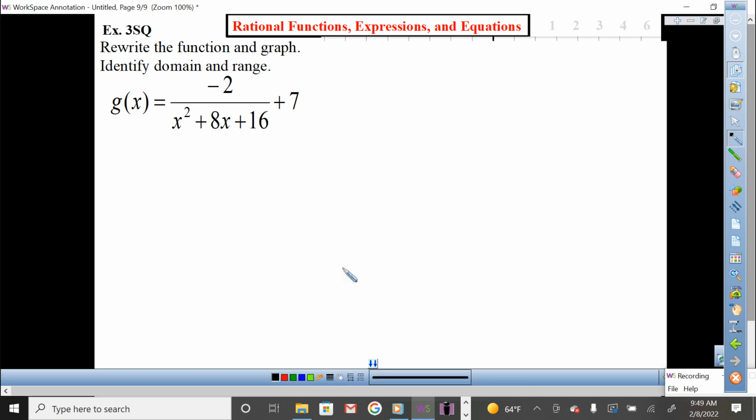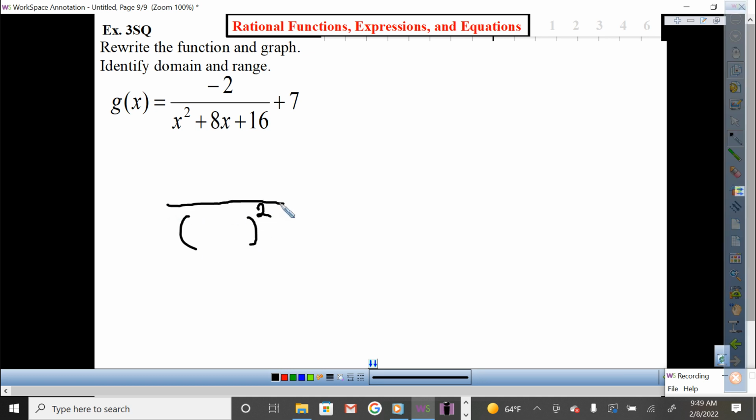Okay. Look at it. Does this look like the previous one? What do we need instead of this? We need in the denominator what? A parentheses squared. So talk it over with your neighbor, let them know what would you do to this to make it look like that. That is correct.